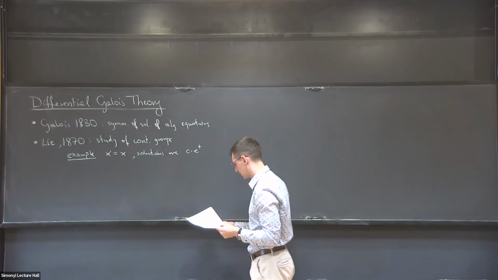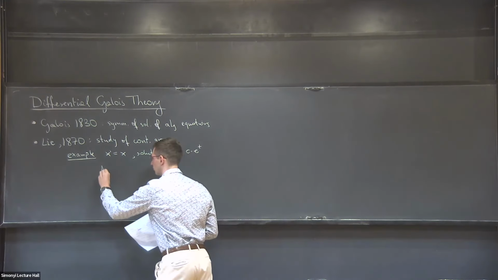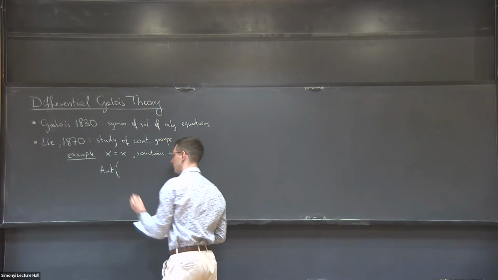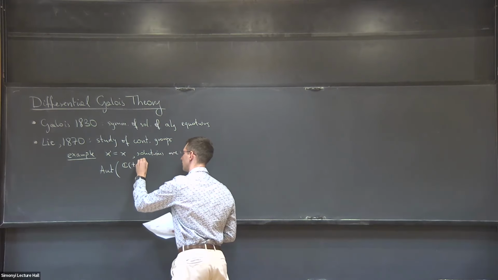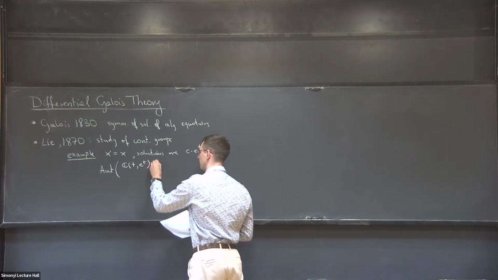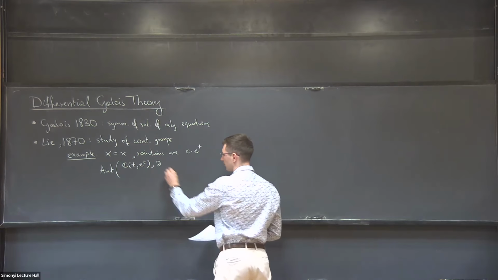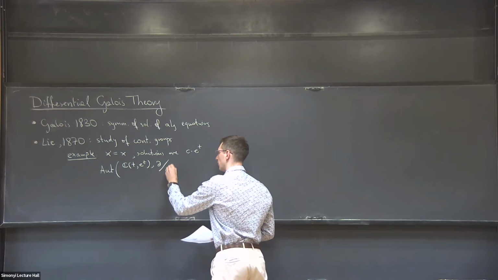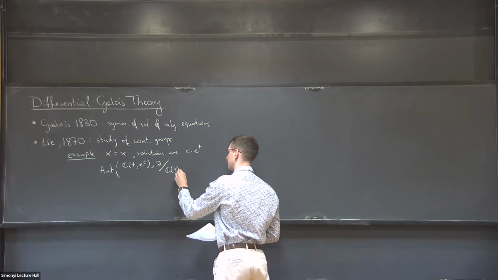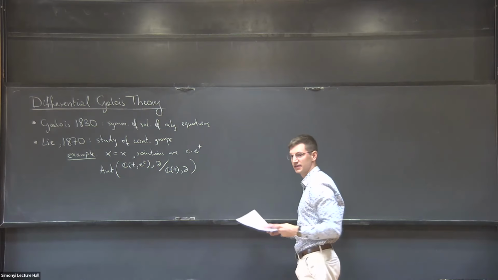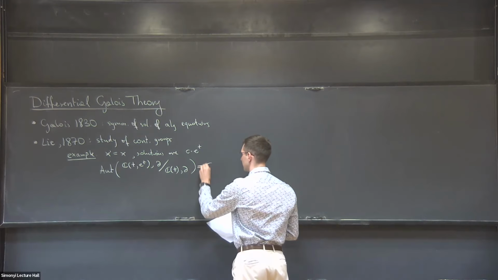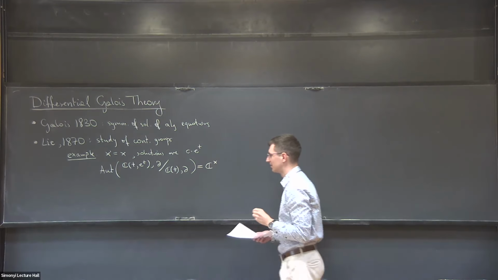And so the automorphism group of the field containing these solutions, with the natural derivative, over rational functions with the natural derivative, is just the complex numbers.